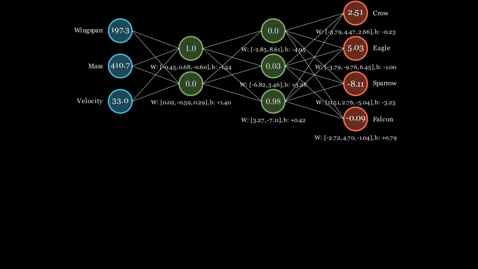Finally, after forward propagating through our network, we get some numbers. These are usually called logits when talking about classification tasks, but they don't look like they mean much.